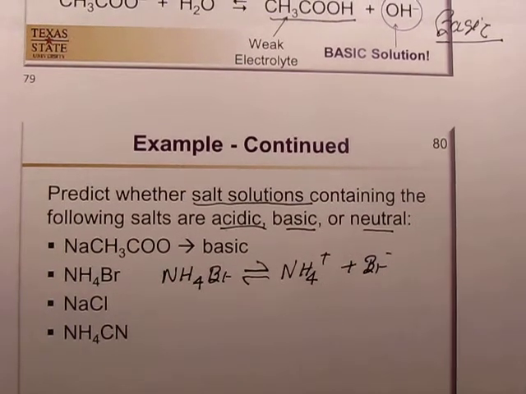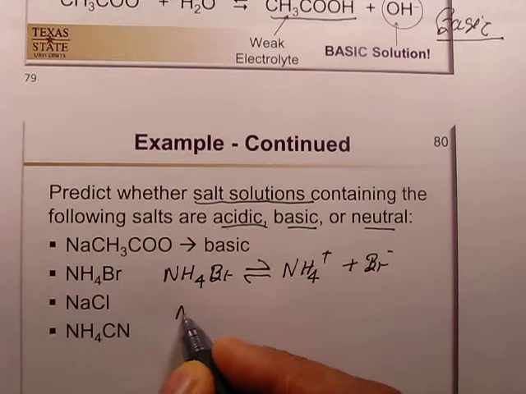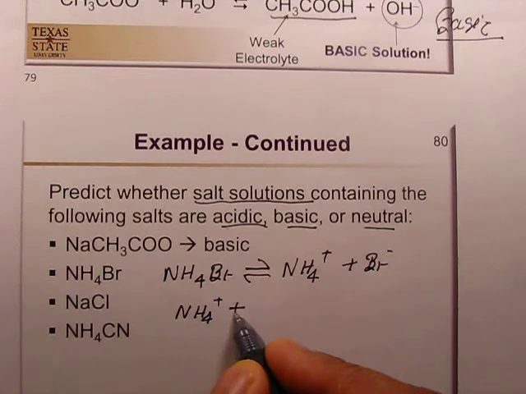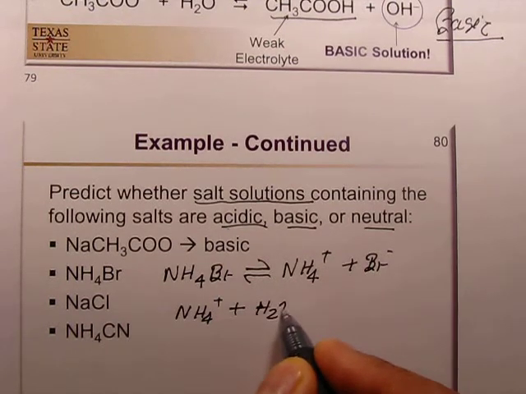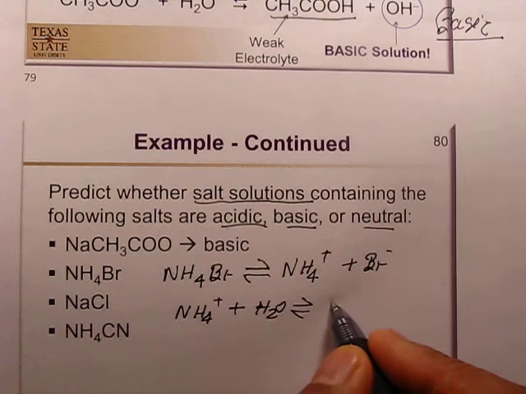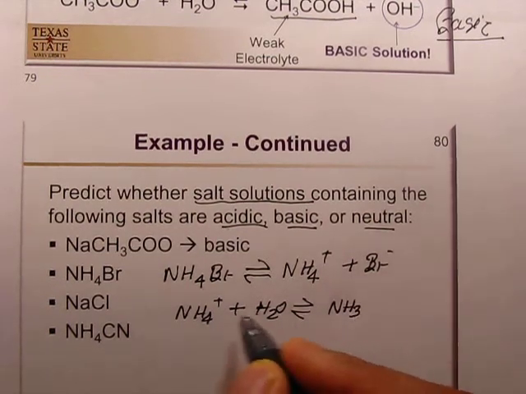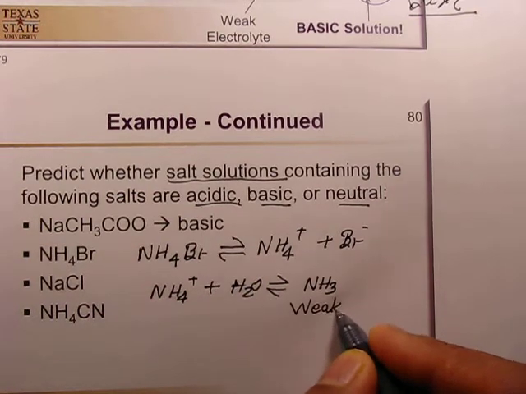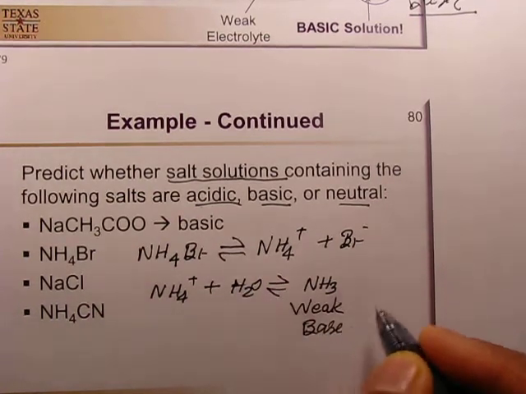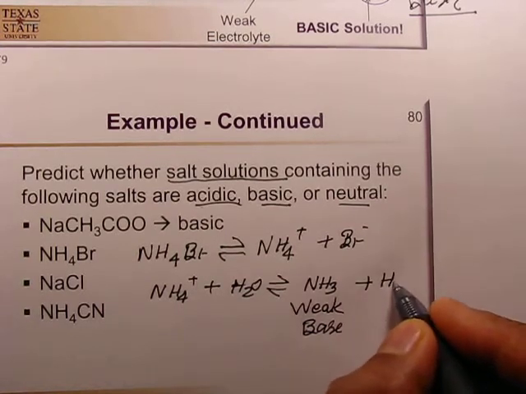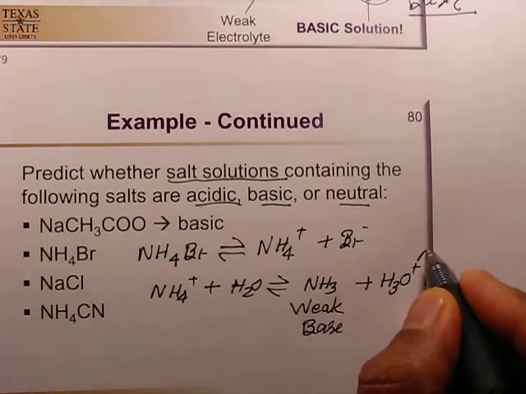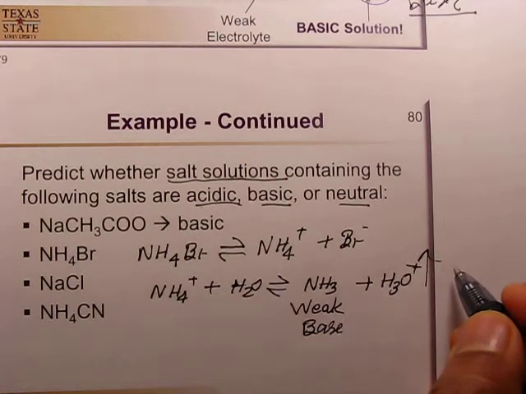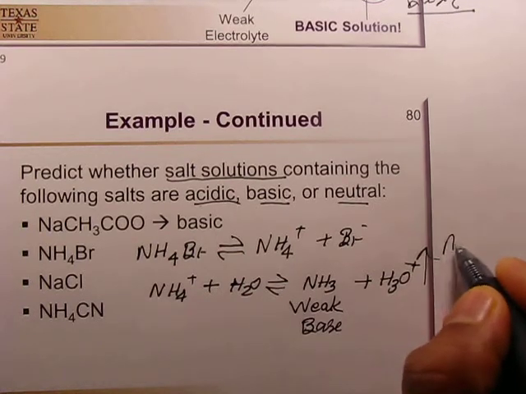When the ammonium ion reacts with the water, it forms ammonia, NH3, because it donates one proton to the water, and ammonia is a weak base, plus hydronium ion, H3O+. So the hydronium ion concentration is increasing in the water, or the hydrogen ion concentration is increasing, so the solution will become acidic.